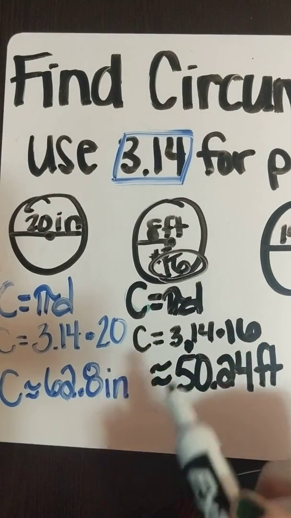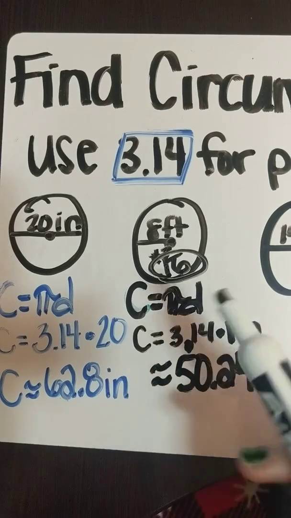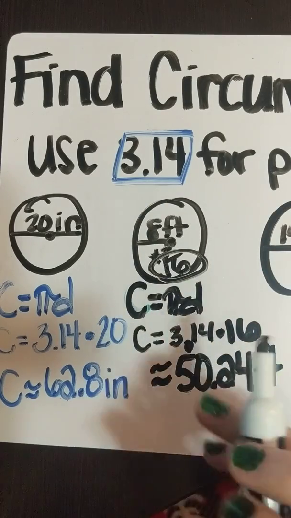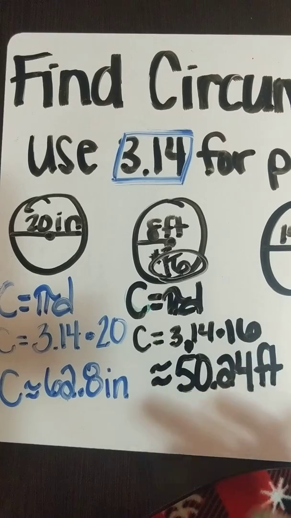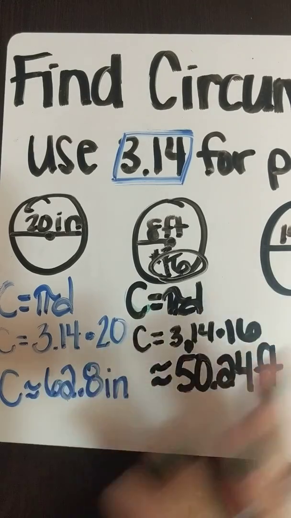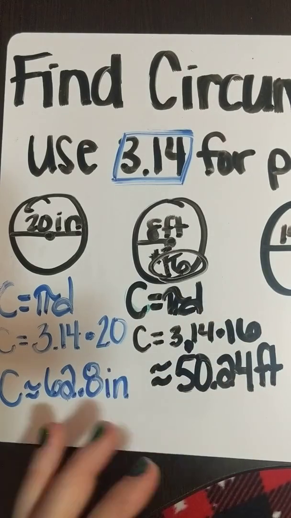So in the hyperdoc, if you scroll down, you're going to see there is a practice link. This is a link to a Quizizz. This is not graded. So one more time, your Quizizz is not graded. All you are going to do for me is practice. So if you want to take a look at, can I find circumference? Can I do along with it? Go ahead and give it a shot.